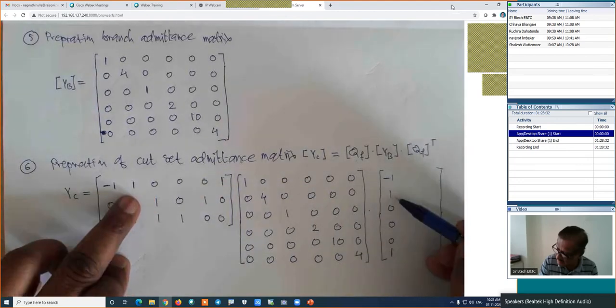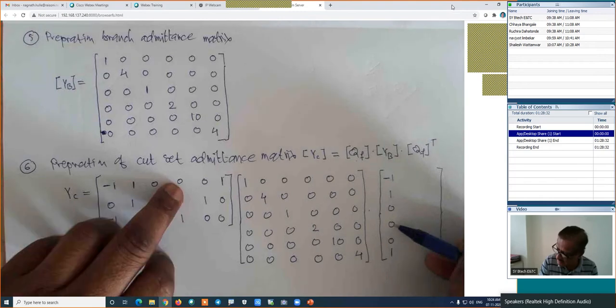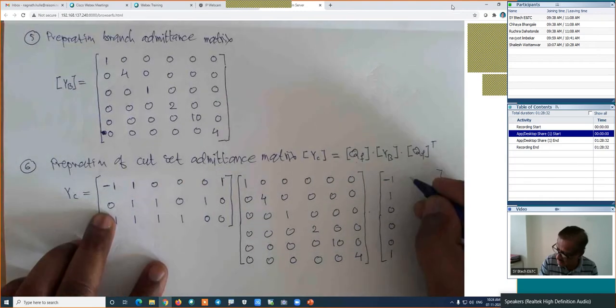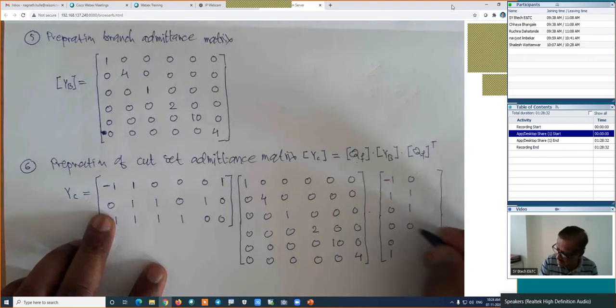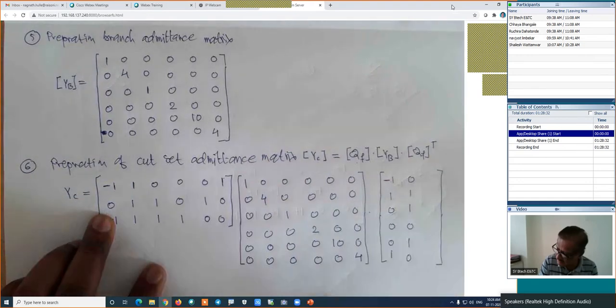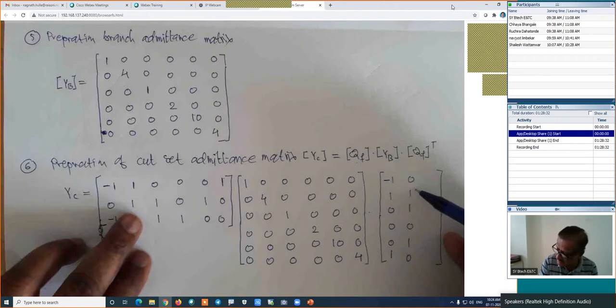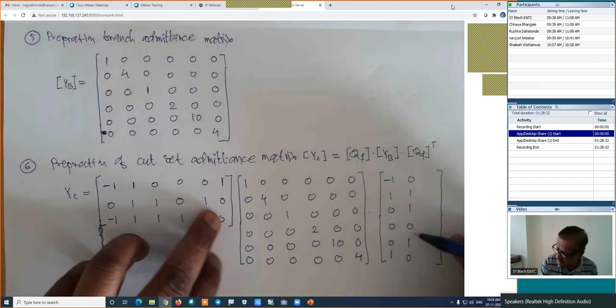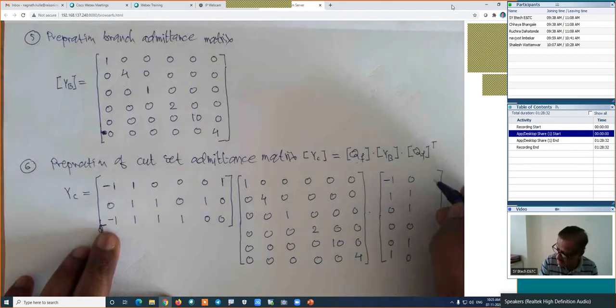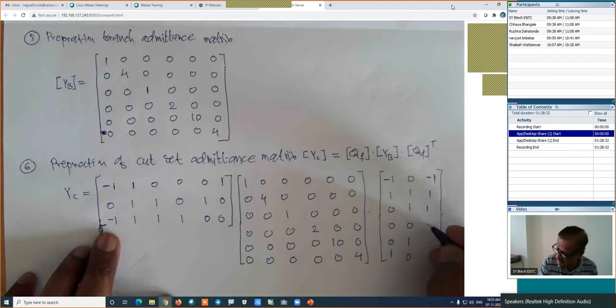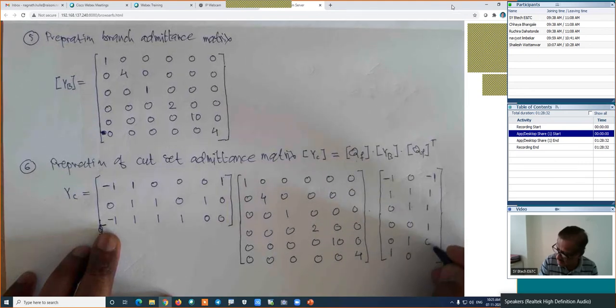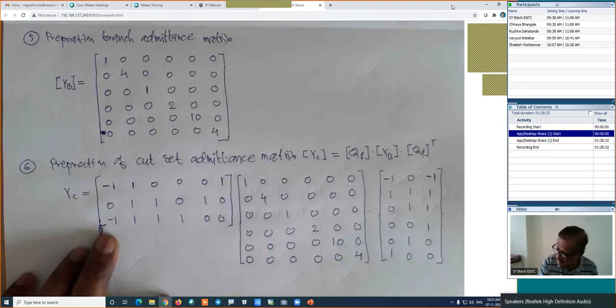Minus 1, plus 1, 0, 0, 0, and 1. Fine. This is 0, plus 1, plus 1. This is 0. This is 1 and 0. This is 0, 1, 1, 0, 1, 0. Next, it is minus 1. This is 1. Here it is 1. This is 1 again. This is 0 and this is 0. This is the QF transpose.